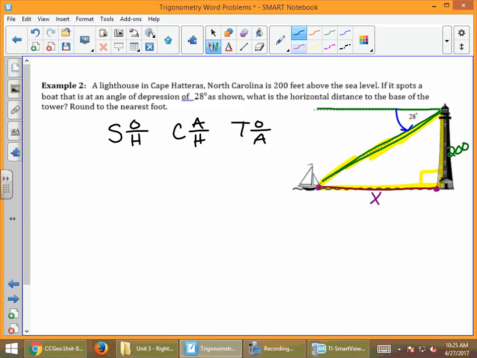The only problem is you don't have an angle on the inside of our triangle because we never use the 90-degree angle when we do SOHCAHTOA. But we just said that angle of depression is congruent to the angle of elevation. So this angle right here is 28. That means that angle right there is also 28.